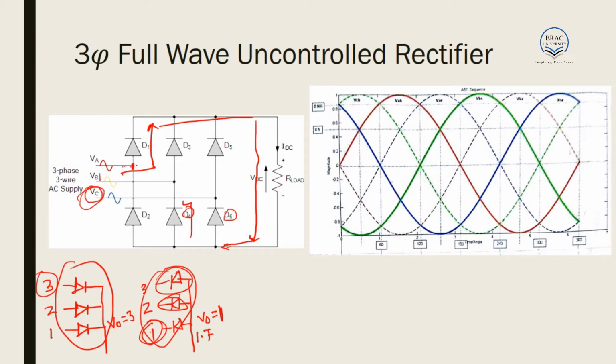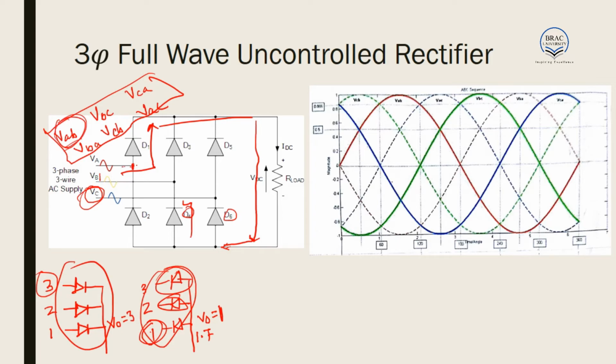If we consider it again, we can say that if we consider the line to line voltages VAB, VBC, VCA, VBA, VCB, VAC, whenever a single line has a higher voltage, the output will follow that.